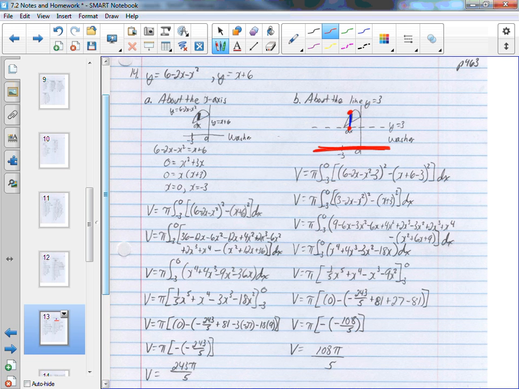What is the top measurement there? The function. What is the bottom measurement there? 3, because they told us the axis of revolution is the line y equals 3. So the top minus the bottom gives us the length of that blue segment. Does that make sense? So that's how I know it's the function minus 3.